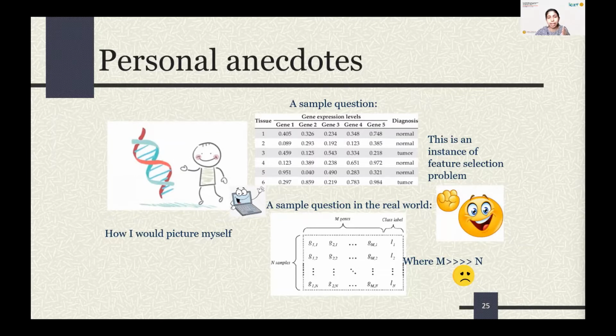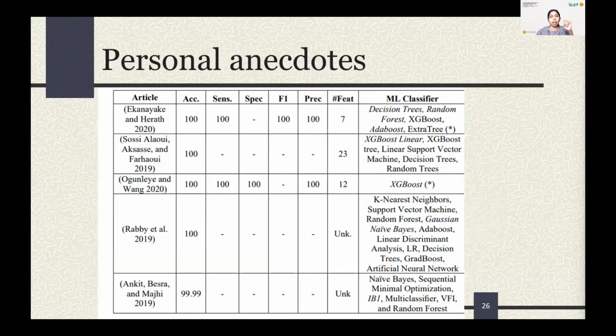If I could select the most effective features that can differentiate between the 2 classes, it means I have identified a set of genes that can help me differentiate between a normal cell and a tumor cell. So that's one example where someone like myself will be using feature selection.